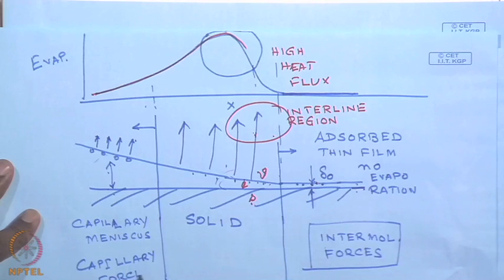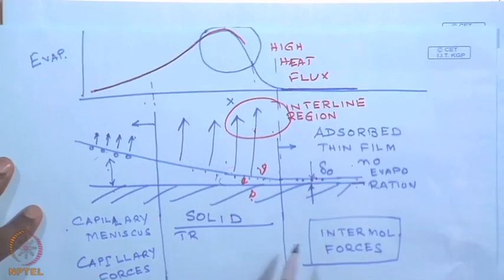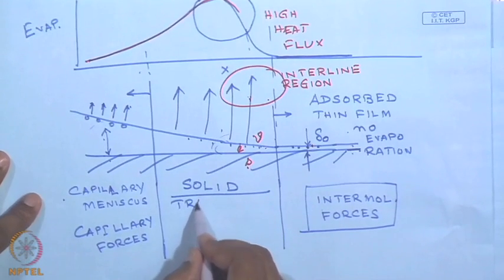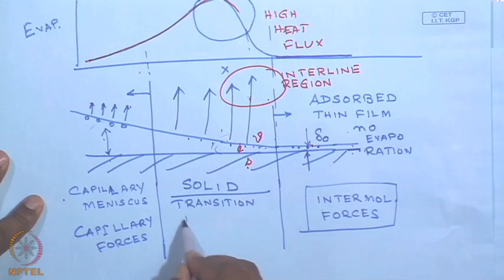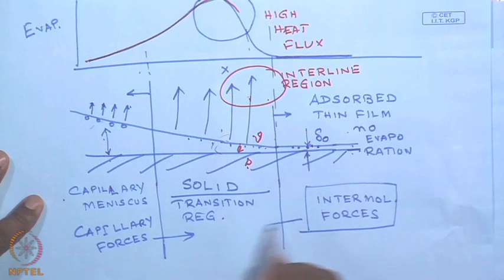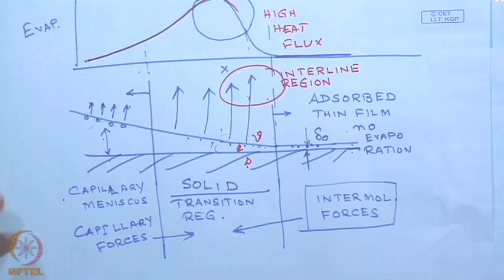In the zone between the capillary meniscus and the adsorbed thin film, known as the transition film or transition region, both capillary force and intermolecular force are going to be important. So, this is how broadly the different regions of a thin film are quantified.